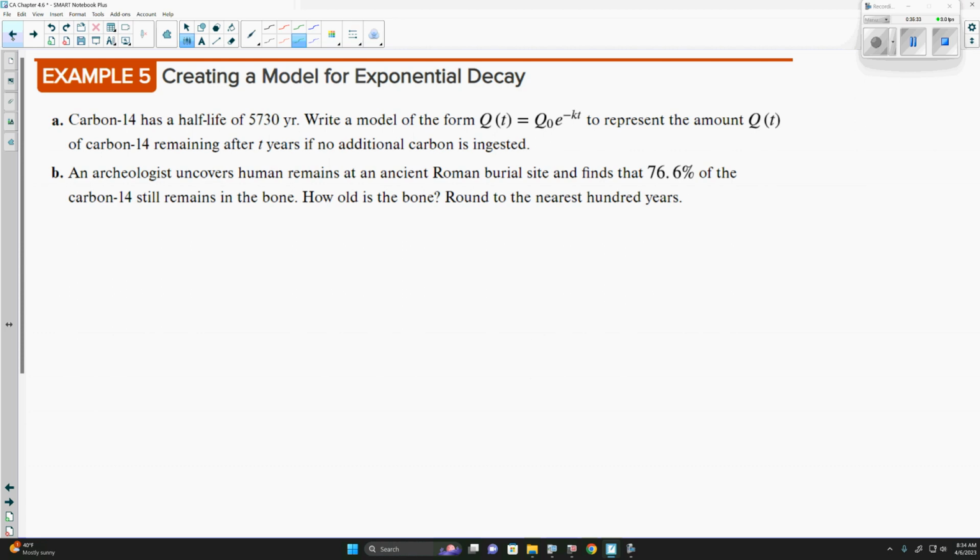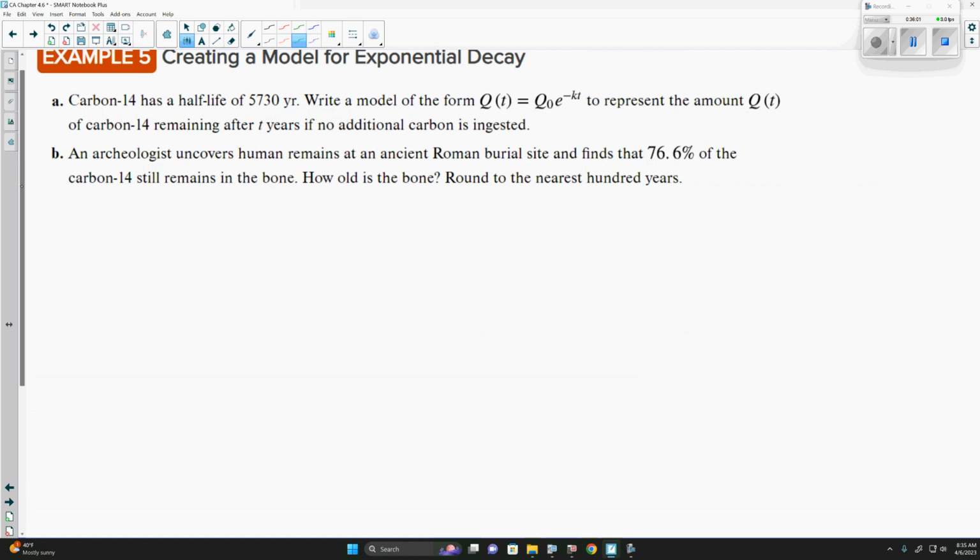So here, they gave us Q of T equals Q naught e to the negative kT, where Q of T is the carbon 14 remaining after T years if no additional carbon is ingested. I'm about to say inserted. Wrong word. So, write a model for this here. So carbon's half-life of this.